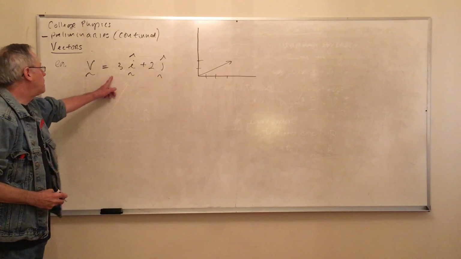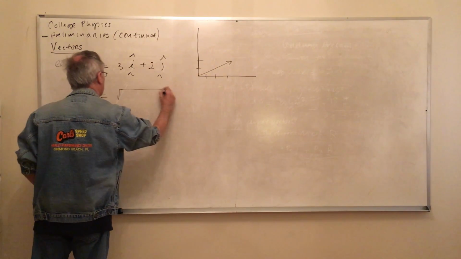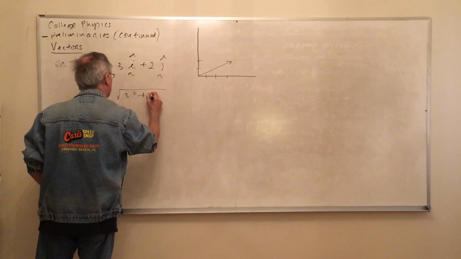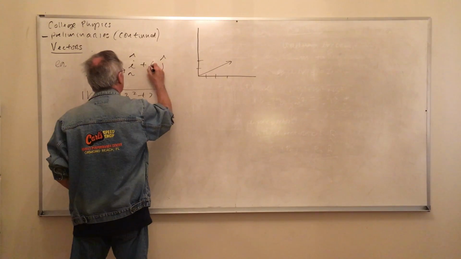Now the magnitude of this vector is going to be 4. I'm going to change this to 4.